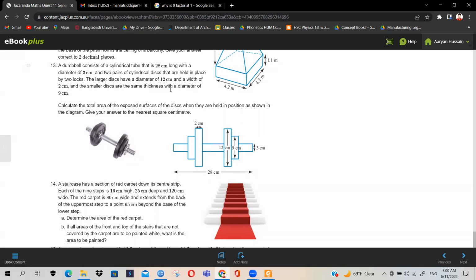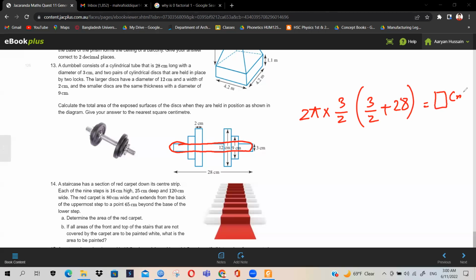So first of all, 28 centimeters long, and with a diameter of 3 centimeters. That means the total area for this cylinder would be 2 pi into 3 upon 2 times 3 upon 2 plus 28.